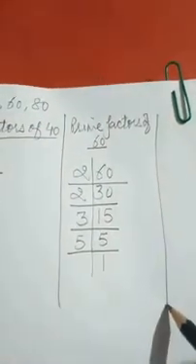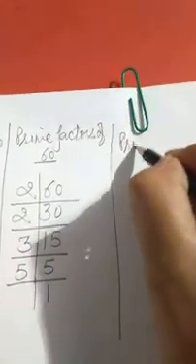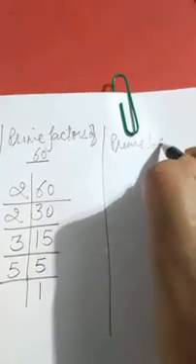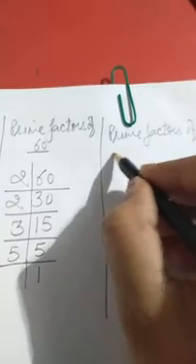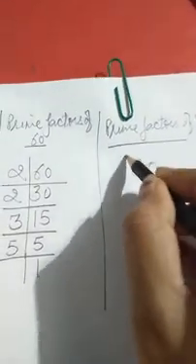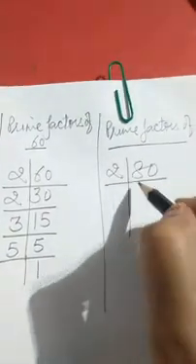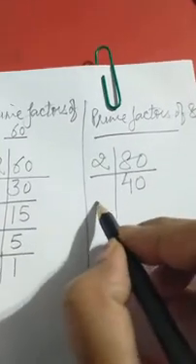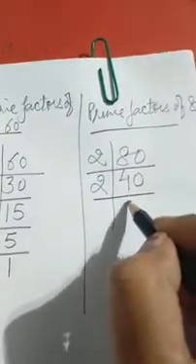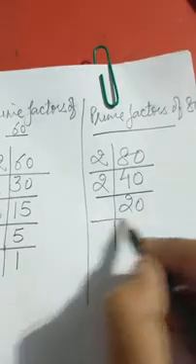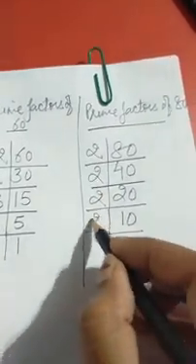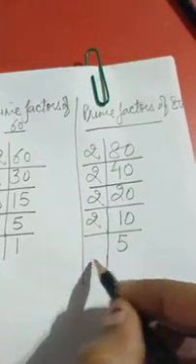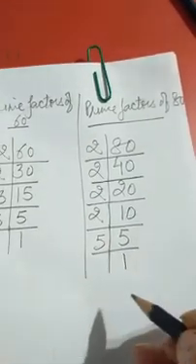After that prime factors of 80. Now 80 is divisible by 2, we will get 40. Then 40 divided by 2, we will get 20. 10 is also divisible by 2, we will get 5. 5 is a prime number, it will be divided by itself.